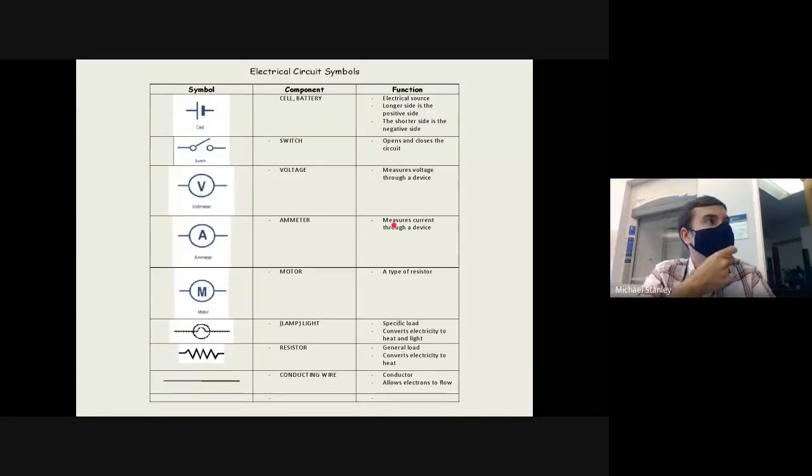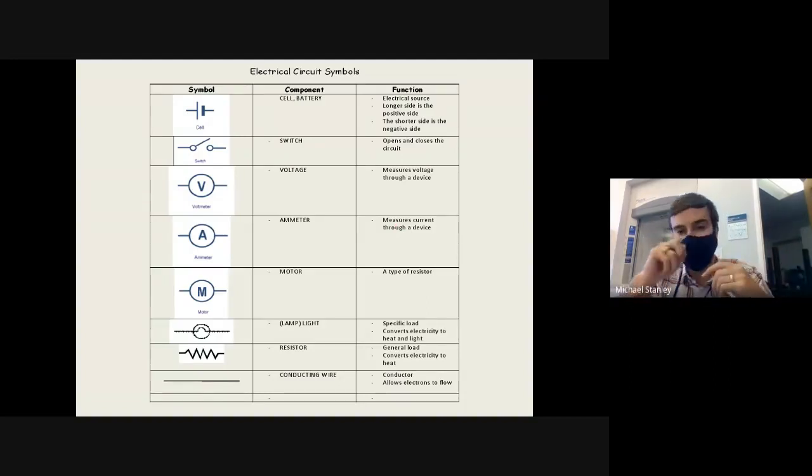So there are a whole bunch of different ways to draw out an electric circuit. We're not really going to get too much into them. Usually, you just use a simple little line for the wire, to show where the electricity is going.